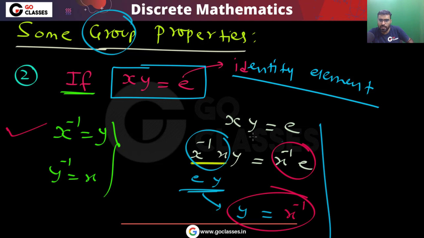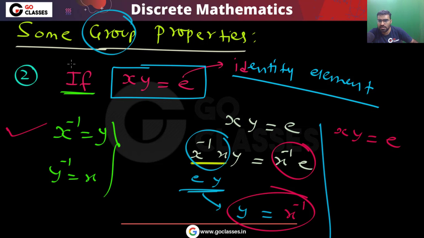And similarly, remember, you can also check y inverse. xy is equal to E. So you multiply this and this with y inverse on the RHS. Because they are same, you can multiply this with y inverse and also multiply the other side with y inverse.